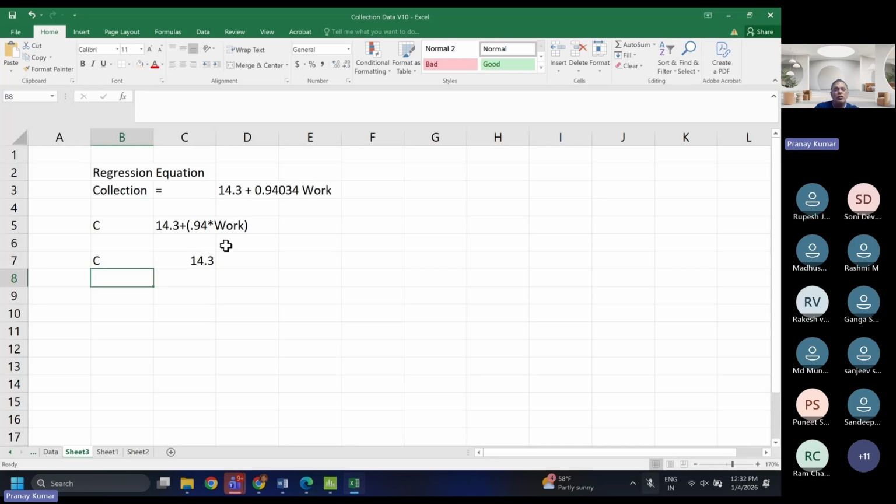I'm calling this the work column. So if I allocated a kid in my team 10,000 of work, how much money will I get? I will be able to collect $9,417. With me, everyone? Yes, sir. Yes.